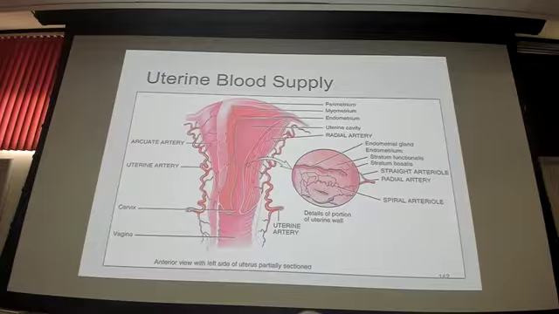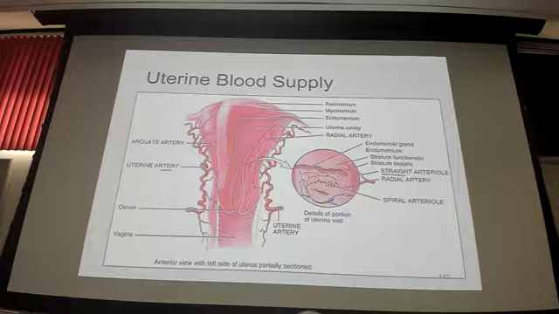Looking at this, you have the larger uterine artery that works its way into these smaller arcuate arteries. And then on this side, you have these even smaller radial arteries penetrating the myometrium. And then all the way down into the endometrium, you have this straight artery that just stops here, just after the stratum basalis.